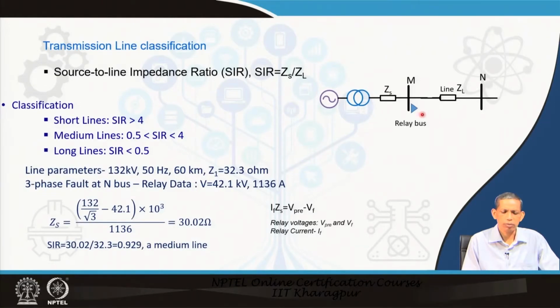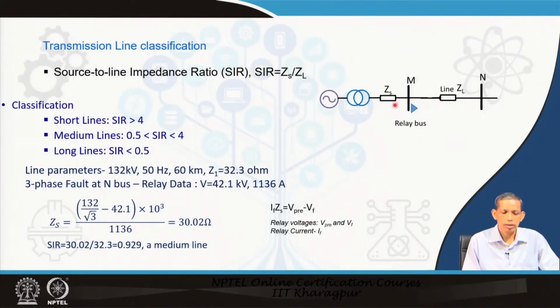So, we see here one thing, that before the fault, let us say the line was not loaded. So, we expect that the corresponding bus voltage will be the usual voltage, and that is 132 kV line to line. So, phase voltage will be 132 by root 3. Now, in case of a fault, a 3 phase fault here, it is a balanced fault. So, only positive sequence will be involved.